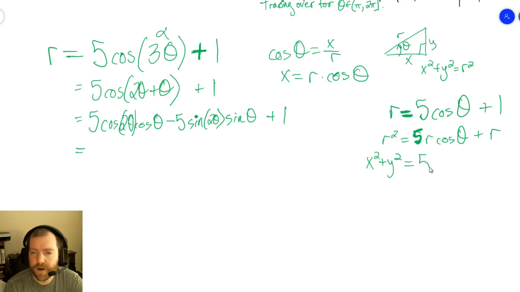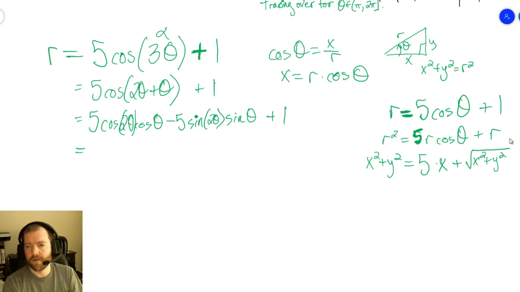Equals 5 times r cosine theta, which is just x, plus the square root of x squared plus y squared. Because again, r is just the square root of r squared. And we're just doing the positive branch for this, not the negative one, because we want something that is actually a function, or at least close.